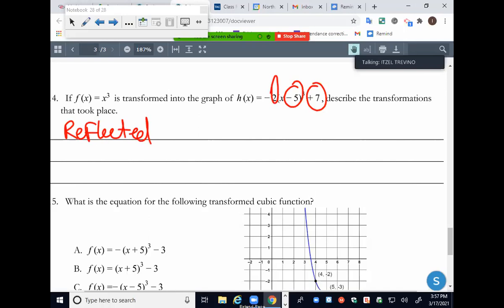Remember our terms. Reflected which way? Over the x-axis. Okay. So it reflected over the x-axis. Awesome. Great. What else happened?